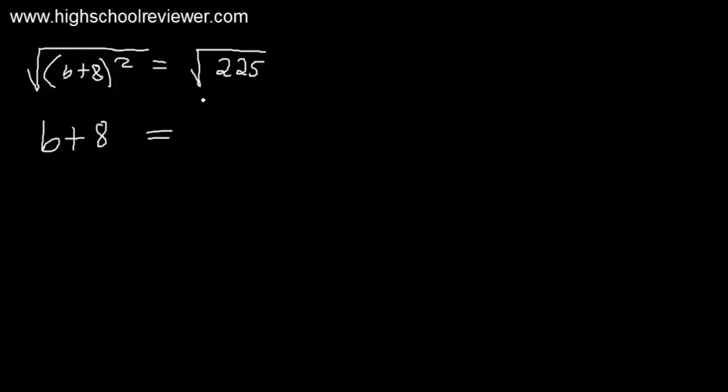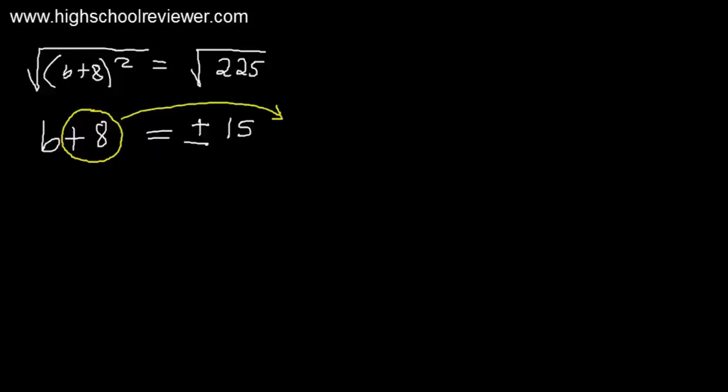And the square root here of 225, that will give us plus minus 15. So to solve for b, we need to transpose positive 8 to the other side. So we are going to transpose this to the other side.